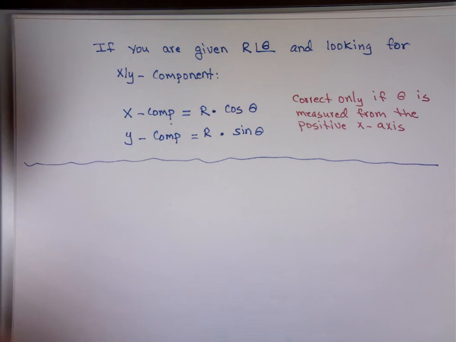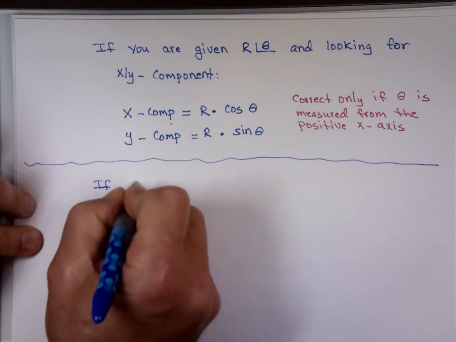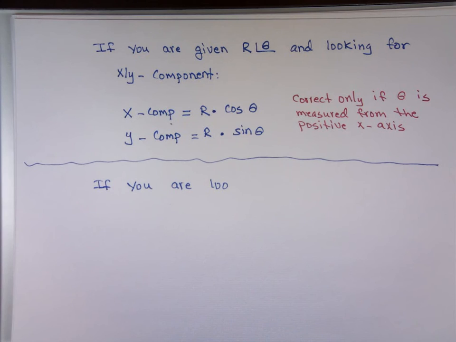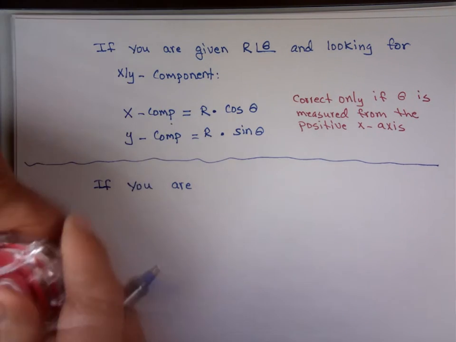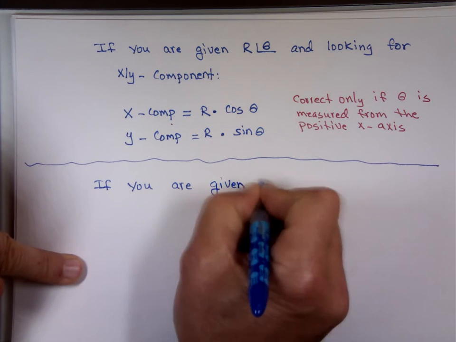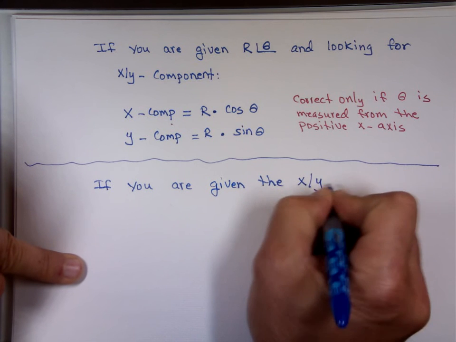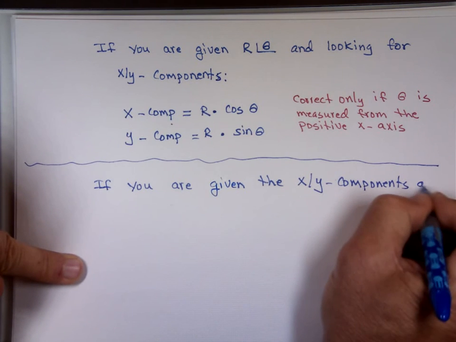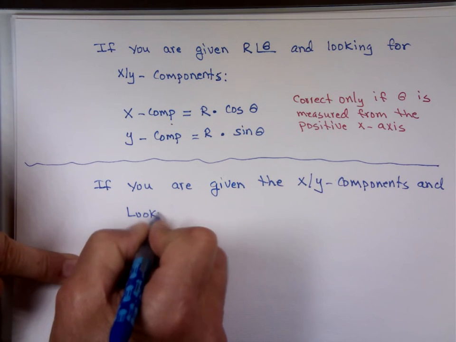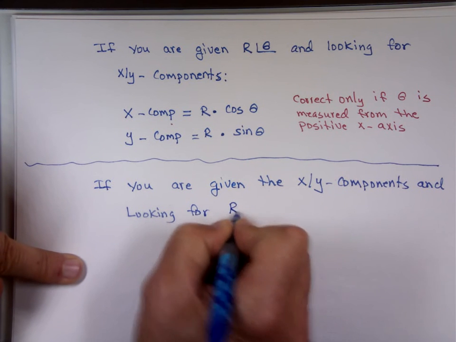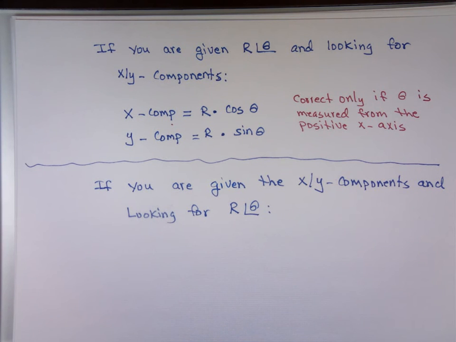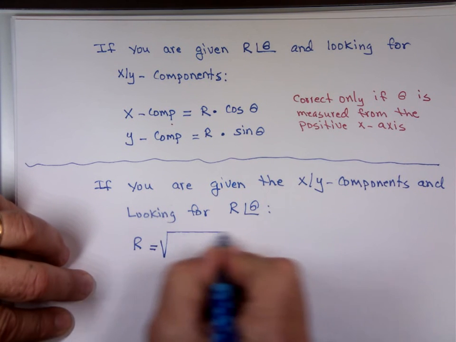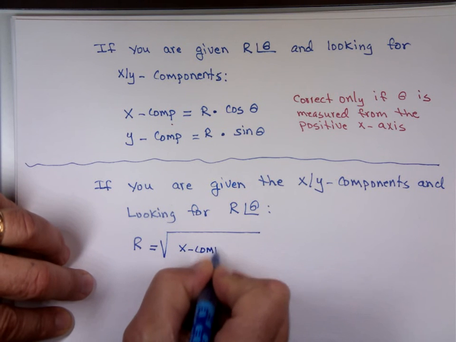The other one, if you are given, we'll use the same format, if you are given the x and y component, and looking for R and theta, the way we do it, R is always going to be the square root of the x component squared plus the y component squared.